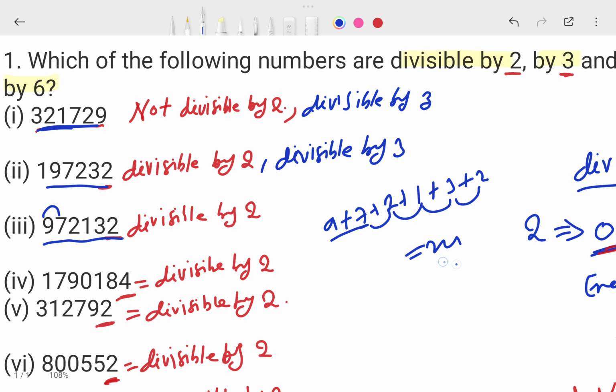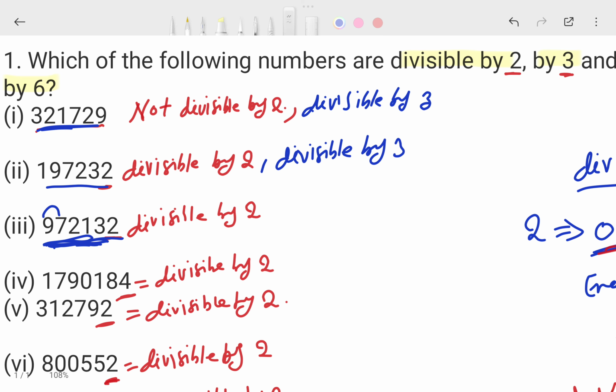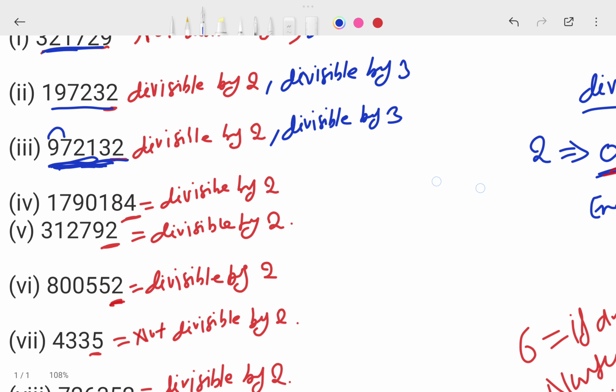In the 3 table 24 is there. Yes, it is there. So this number is also divisible by 3. Why? Because when we add the digits, it is going to be 24, and in the 3 table 24 is there. It's possible to divide. So what we have to write? Divisible by 3.